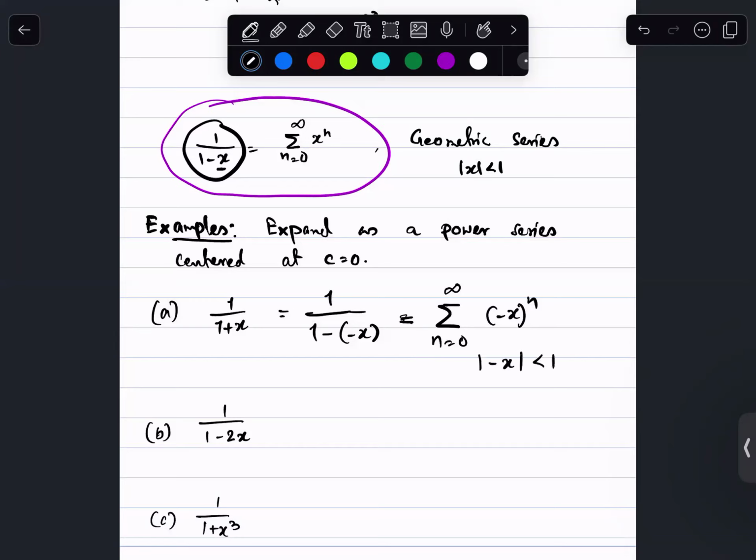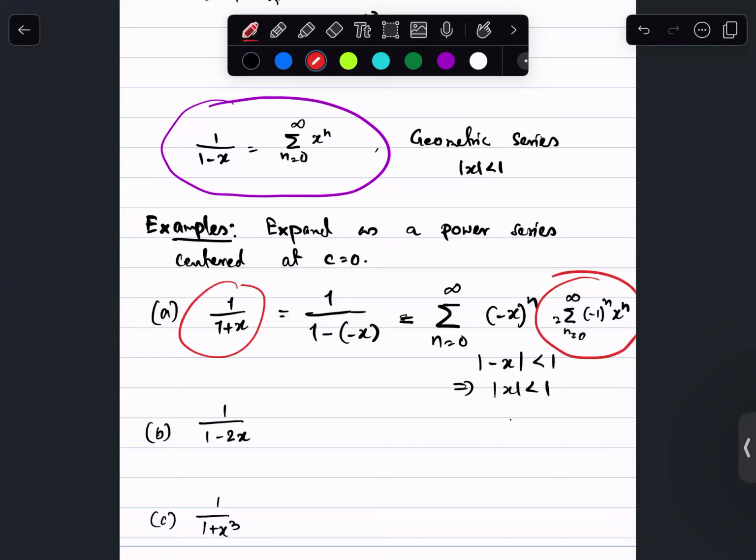Because now the x here is replaced with minus x, so I have to make the changes accordingly, which is nothing but modulus of x less than 1. This is just minus 1 to the n, x to the n. So this is a series representation of this function.